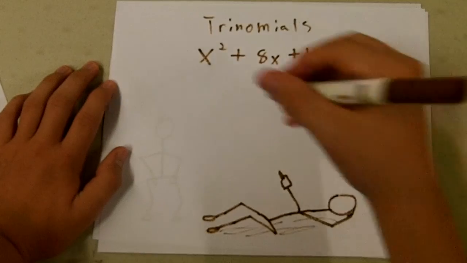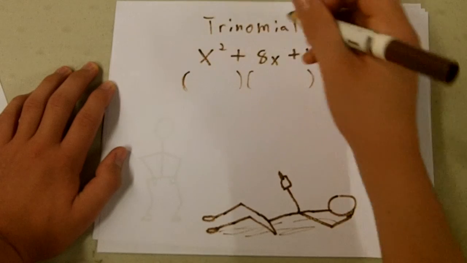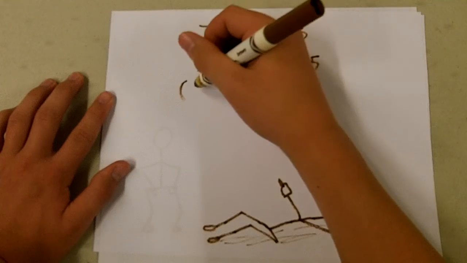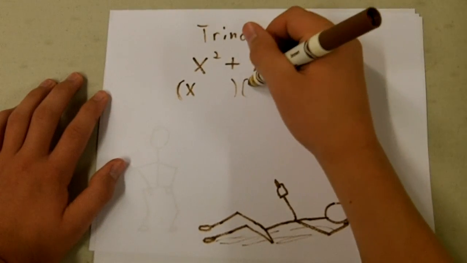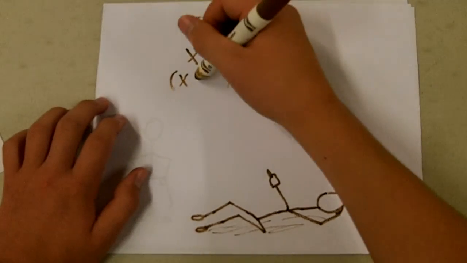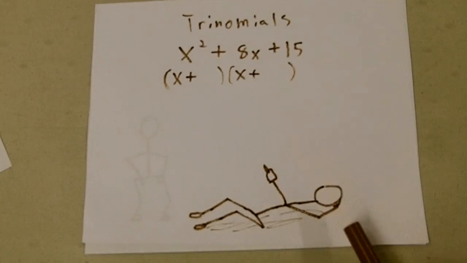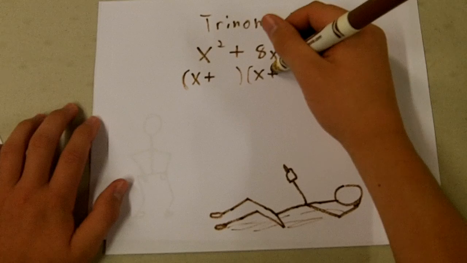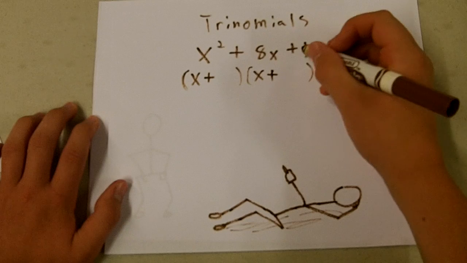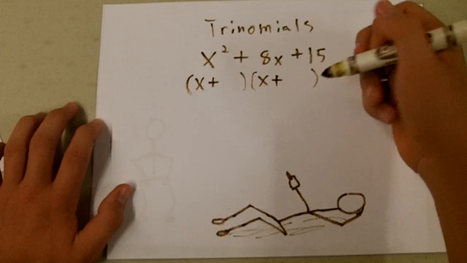And the way we factor this is, first we create two parentheses. And we know we have an x squared, so we put an x here and an x here. And then we put two plus signs here because we know our answer has to be positive. Because of these two positive signs, it should be positive in the factoring. And we have to think, what two numbers add to 8x, or just 8, and multiply to 15?